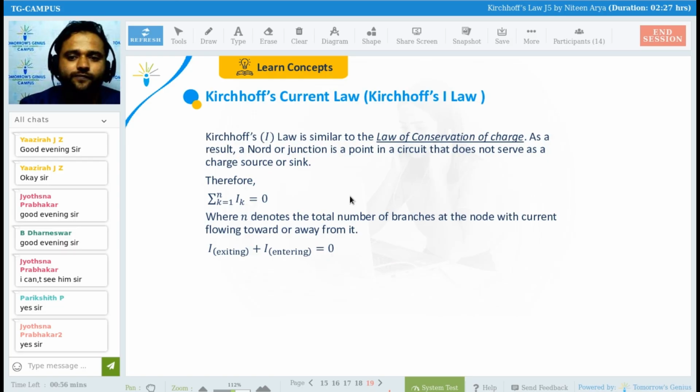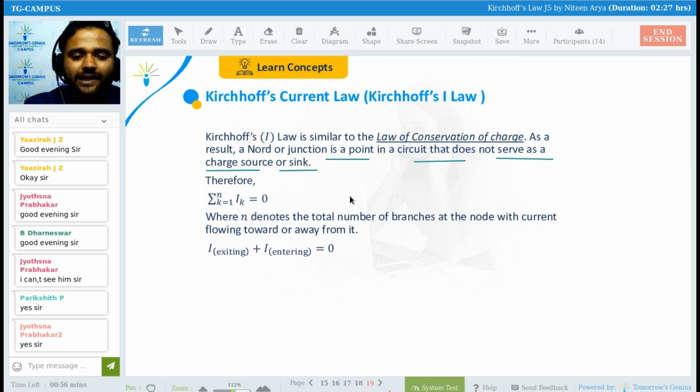So this is KCL, Kirchhoff's first law, or Kirchhoff's current law. Kirchhoff's first law is similar to the law of conservation of charge. A node or a junction is a point in a circuit that does not serve as a charge source or sink.